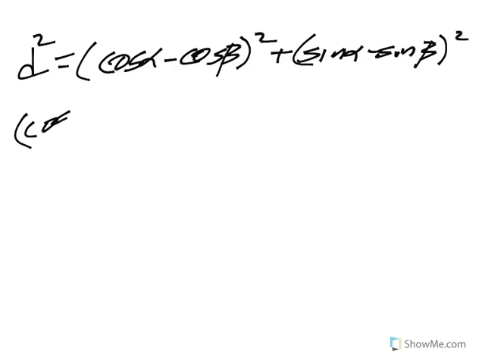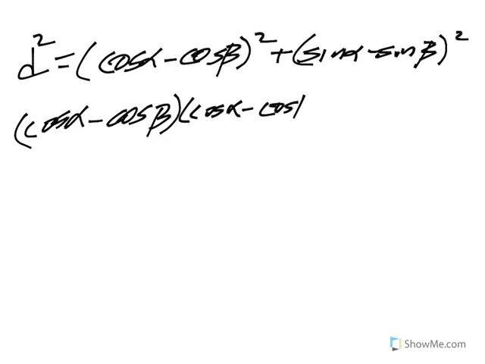It's just cosine alpha minus cosine beta times cosine alpha minus cosine beta, and then plus this other guy. So I'm going to work on this first one because the other one comes out the same and I'm out of space there. So with FOIL, I've got cosine alpha times cosine alpha.